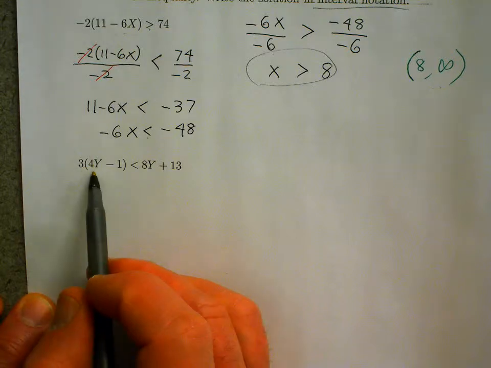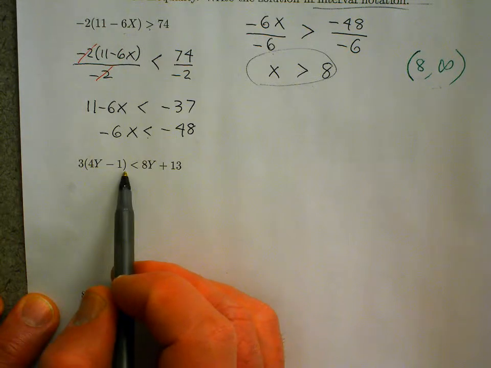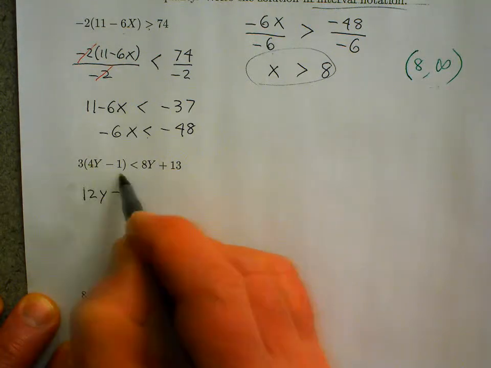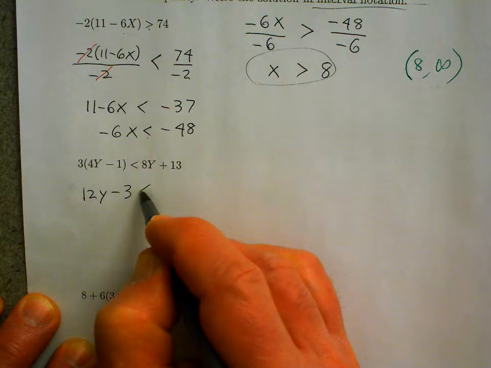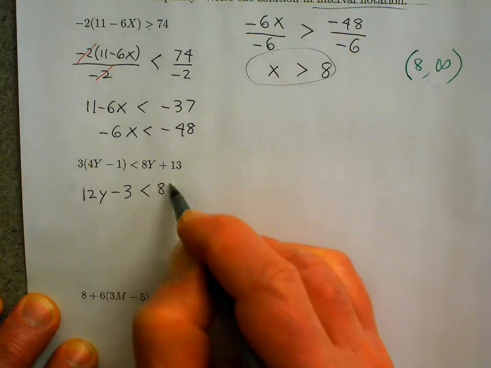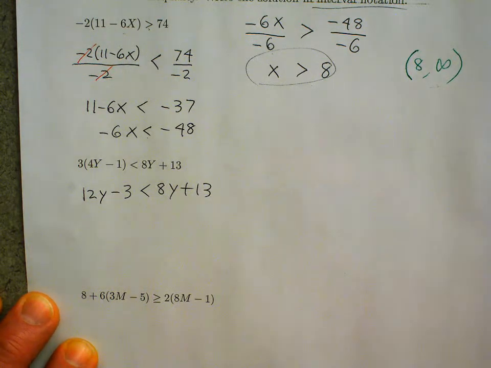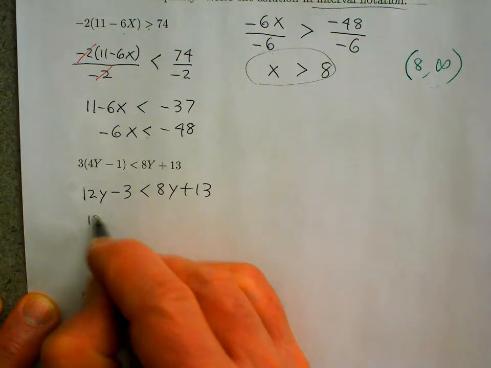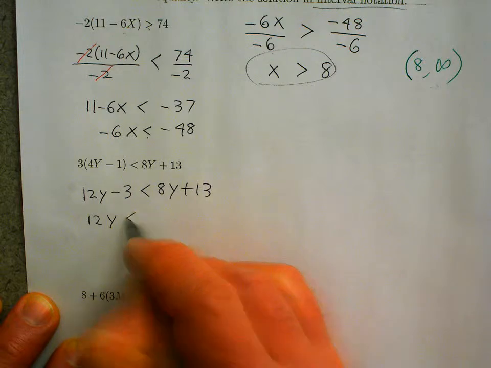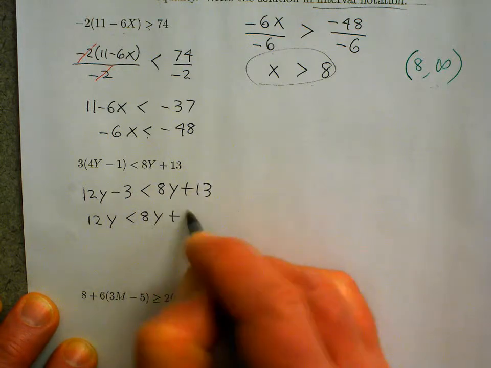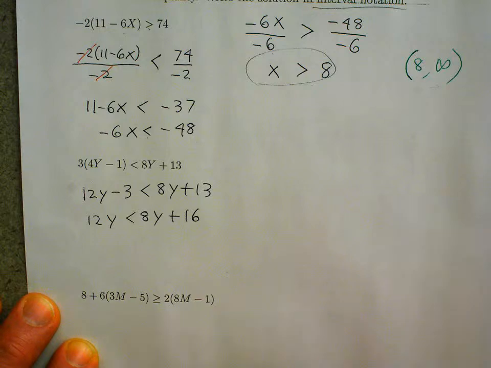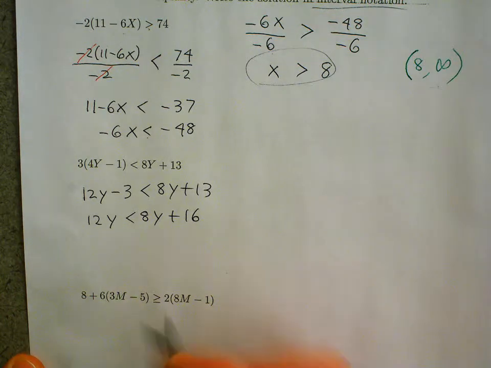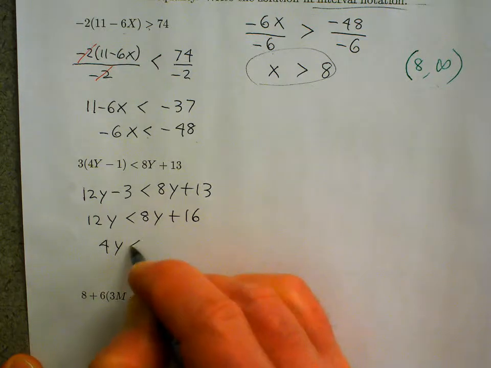So anyway, the more efficient way to do it, in my opinion, is to start by multiplying 3 times the quantity 4y minus 1. So 3 times 4y is 12y, and then minus 3 times 1 is minus 3, is less than 8y plus 13. And in the next step, I will add 3 to both sides. So we get 12y is less than 8y plus 16. Then subtract 8y from both sides. 12y minus 8y is 4y, is less than 16.